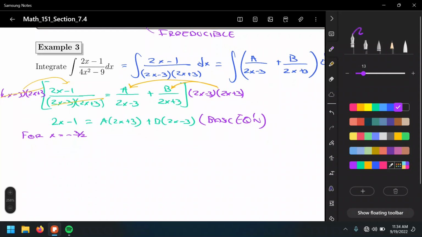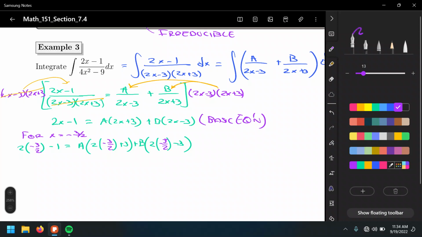So this is what we do. 2 times negative 3 halves minus 1 equals a times 2 times negative 3 halves plus 3, plus b times 2 times negative 3 halves minus 3. Okay, so negative 3 halves, negative 3 halves, and negative 3 halves.